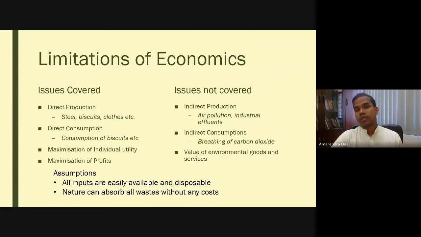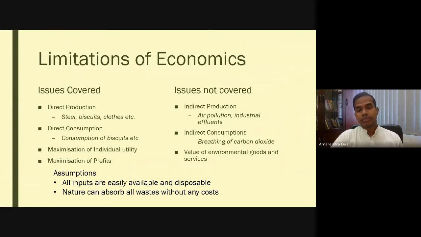Similarly, a smoker is smoking a cigarette. He or she is directly consuming the cigarette because he or she has paid a price for it. But there is a neighbor who is not paying any price, but is getting the smoke directly. So in this case, the neighbor has been impacted through indirect consumption. That has not been analyzed in the economic principles.